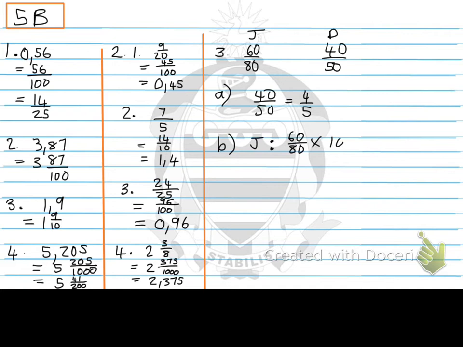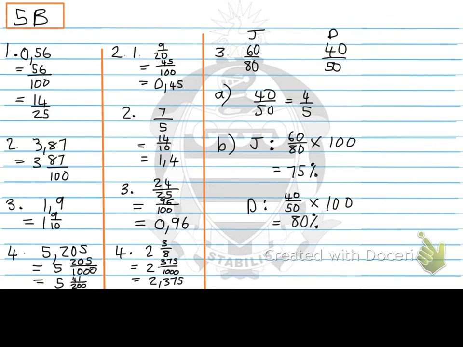So the way that I work out percentage from a fraction is I just times by 100. So it's 60 over 80 times 100. What is that? 75 on the dot. 75%. Debbie had 40 out of 50 times 100, and that is 80%, right?